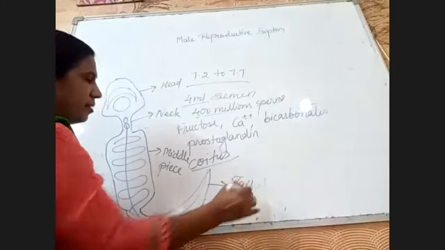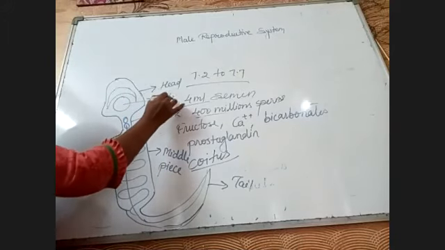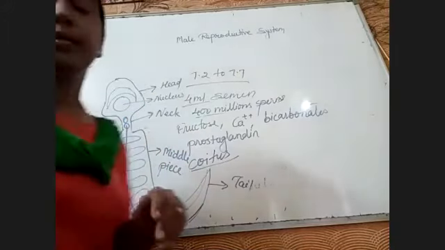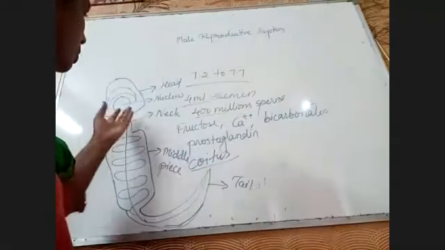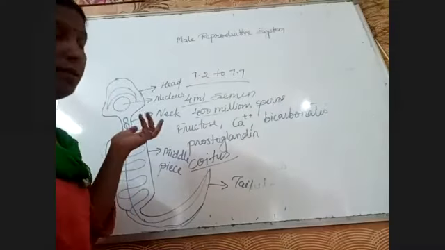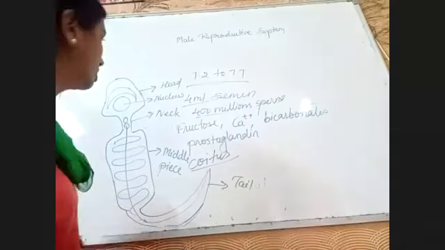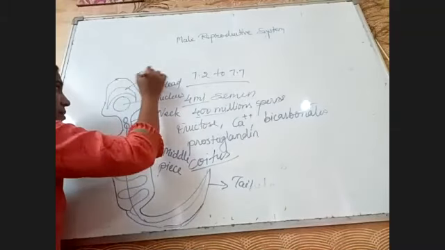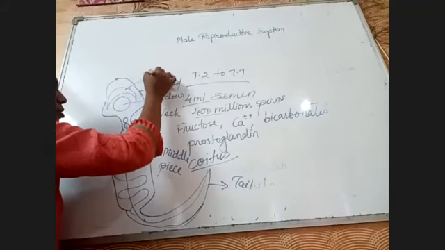The head consists of the nucleus, which will contain half the chromosomes, and it will unite with the female nucleus to form the zygote. The cap-like structure above the nucleus is called the acrosome.